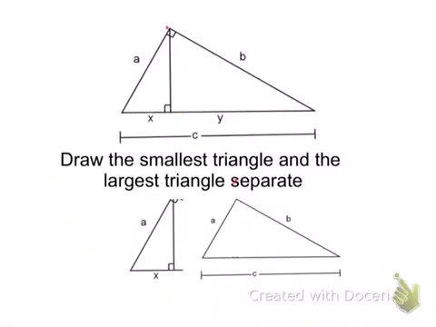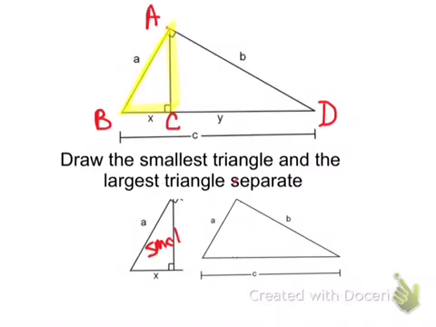All right, next, let's identify them. So we've got our large triangle, and I'm going to label my parts A, B, C, and D. Those are all my points. And they want us to draw the small right triangle. Now remember, the small right triangle is on the left, so here's my small right triangle. And I copied it over here. This is my small right triangle. And then I want to compare that to the largest triangle.